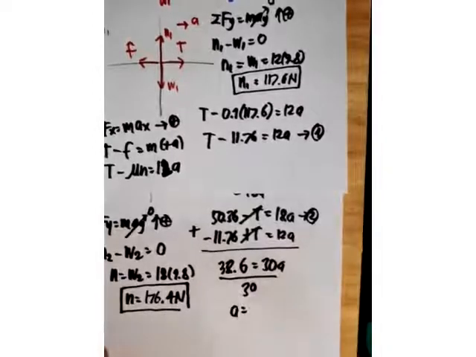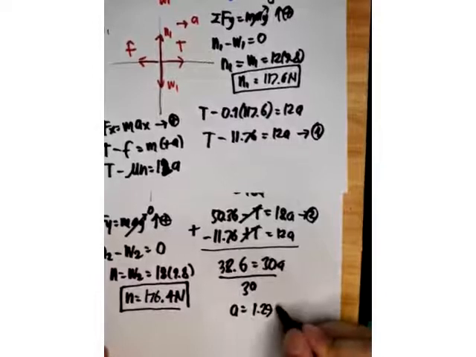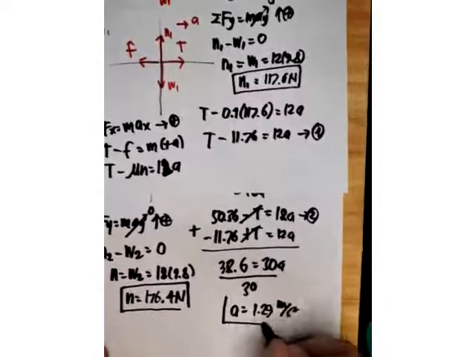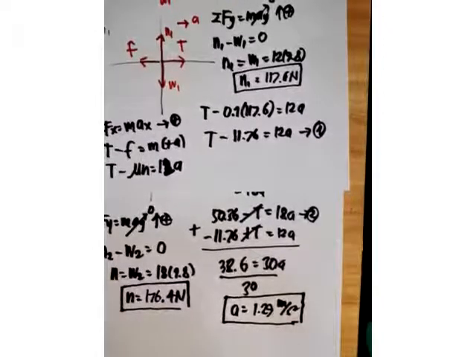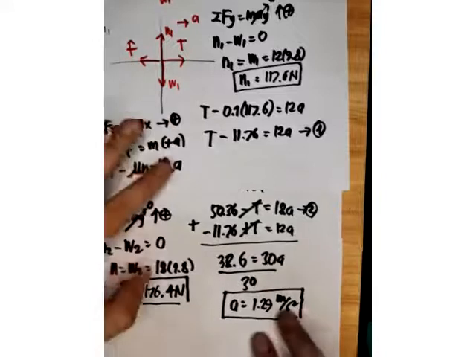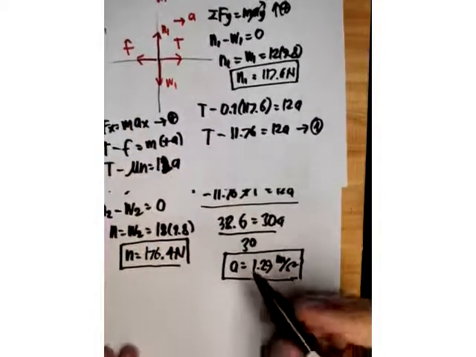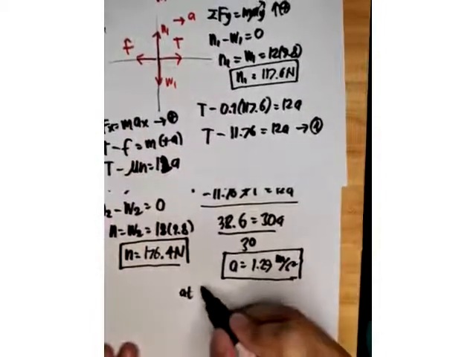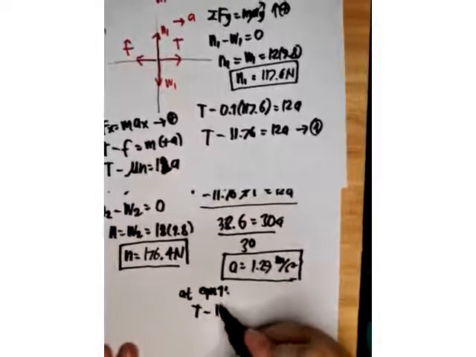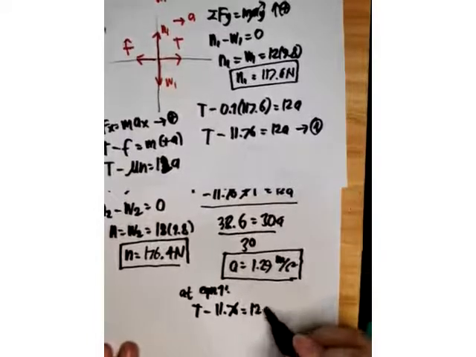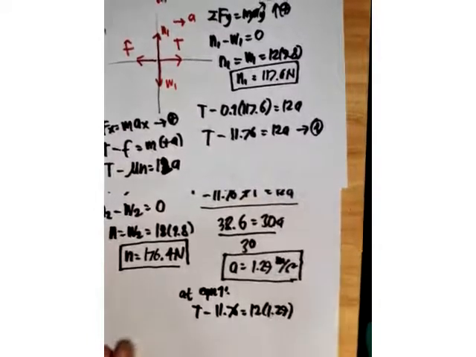So acceleration is 1.29 meters per second squared. So that's the acceleration of the objects. Since they are connected by a rope, they will have the same acceleration. Okay, and then at equation 1, to get our tension, tension minus 11.76 is equal to 12 times 1.29.